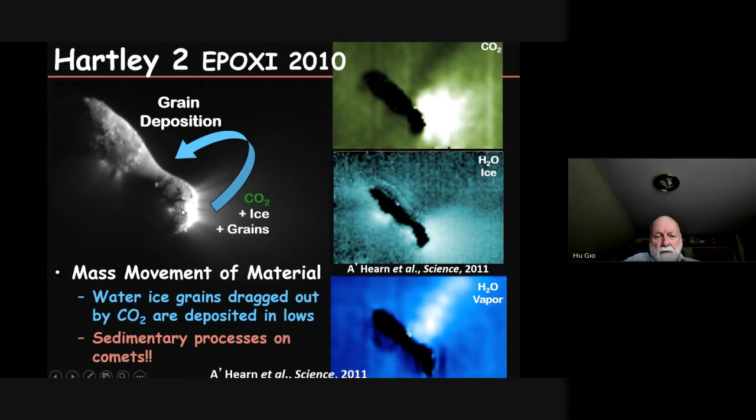And so the first time the interpretation was that fallback material from an active area to inactive areas is an important phenomenon on comets, and has to be taken into account in the sedimentary process, particularly if you have comets where the activity is strongly influenced by CO2.